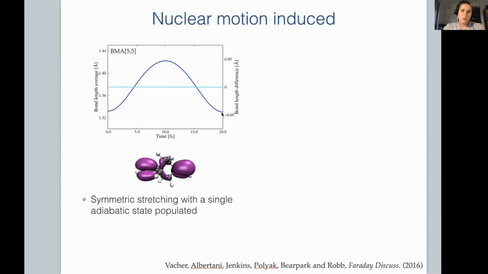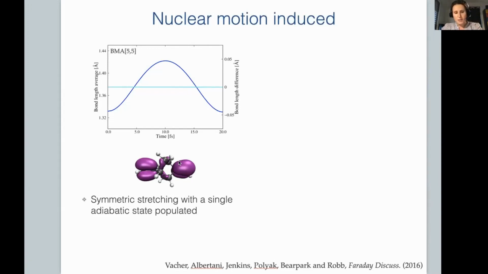This blue curve here corresponds to the average carbon-carbon bond length between the two sides, while the cyan line here, which is 0, corresponds to the difference between the two bond lengths. And you see that here, because we have a symmetric hole that is stationary, you induce a symmetric stretching of the double bond.